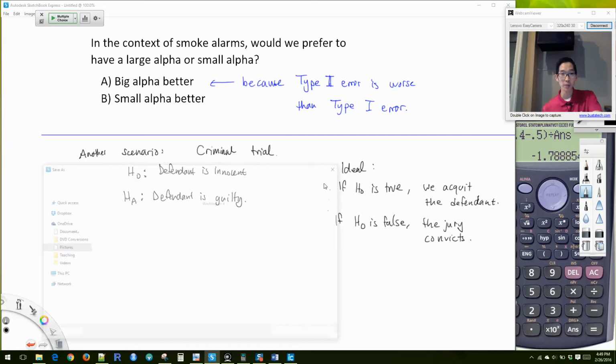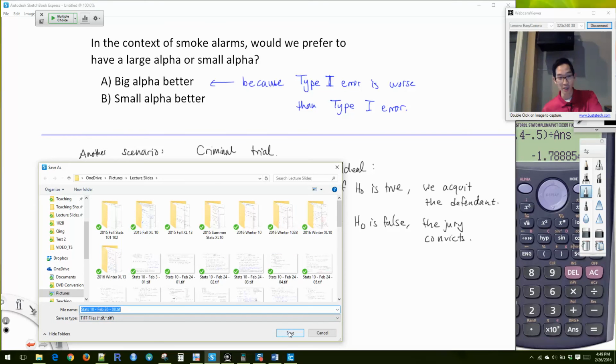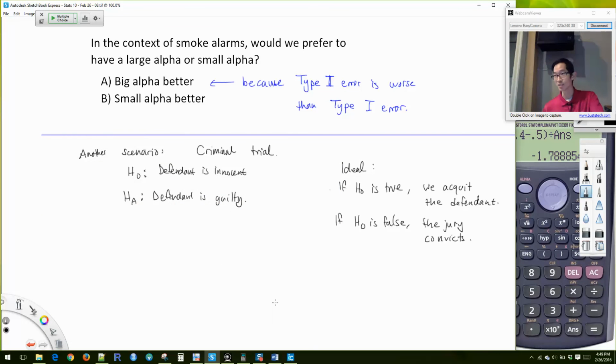Because all of the information is not known at all times, juries and judges make mistakes. A type 1 error would be rejecting the null when the null is true, so a type 1 error would be convicting an innocent person.